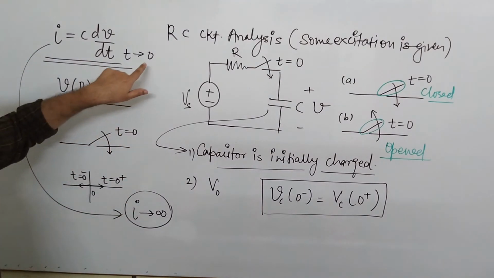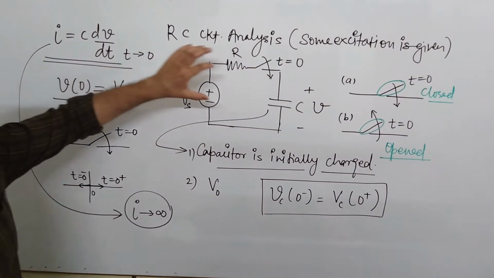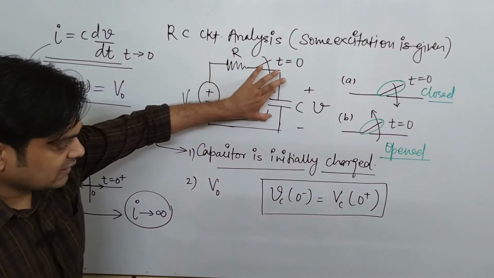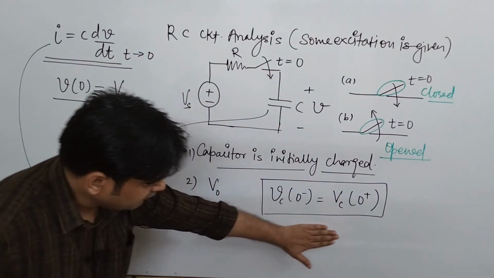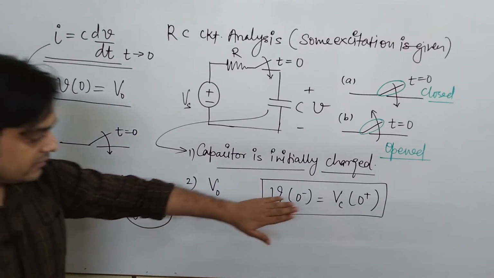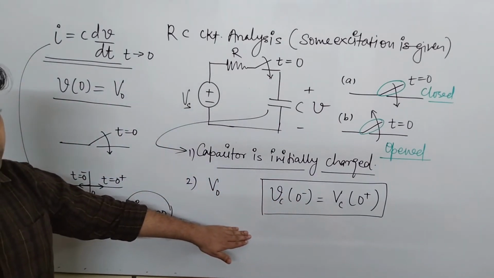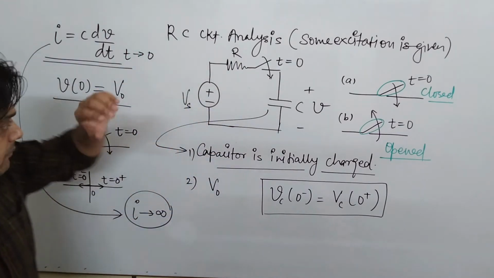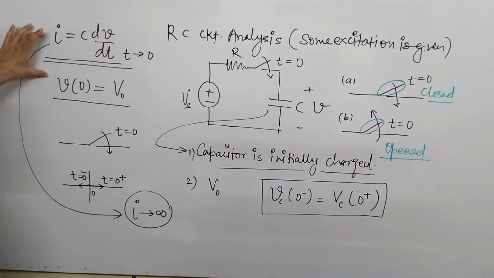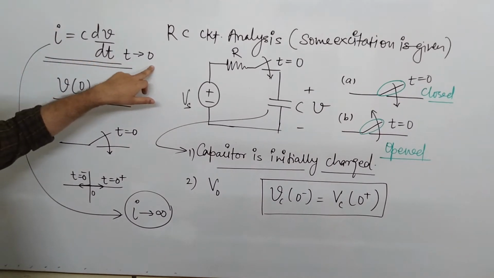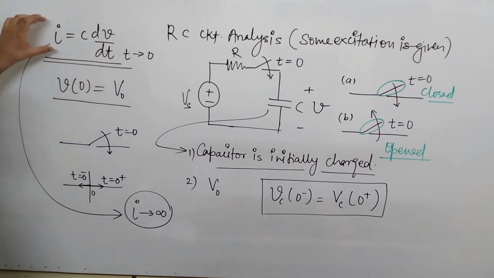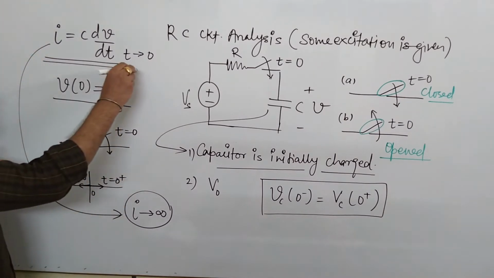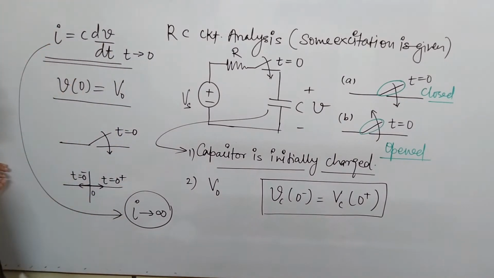That means at t equal to 0, if infinite current flowed across this capacitor, then this condition would not exist. But is it possible that the current goes infinite when t tends towards 0? No, it is not possible, because it is just a theoretical concept.